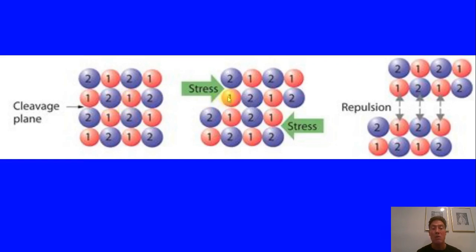And now all of these 1s are going to be lining up, and all these 2s are going to be lining up, and they're going to experience this repulsion. And that is a stress fracture or a cleavage plane. So that's why ionic compounds tend to be brittle, because if you stress them even a little bit and shift them, then they explode apart. They pop apart because, again, the attractive forces that were maximized now become repulsive forces.